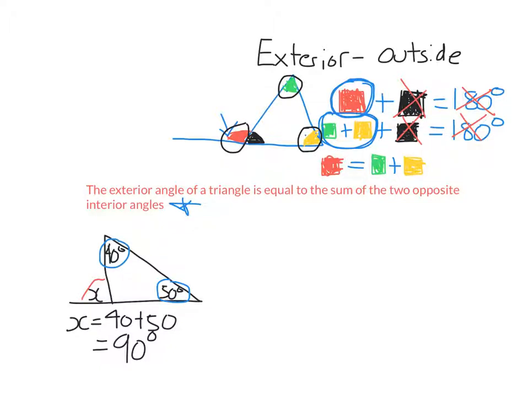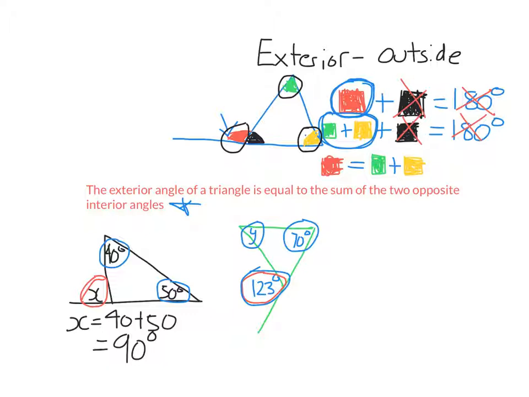All right, let's look at another example. So let's look at this example in green. This one's slightly different. In the last one, we were finding the exterior angle. Now we're told the exterior angle, and we're going to use it to find one of the interior angles. So I know that this one plus this one equals this one.